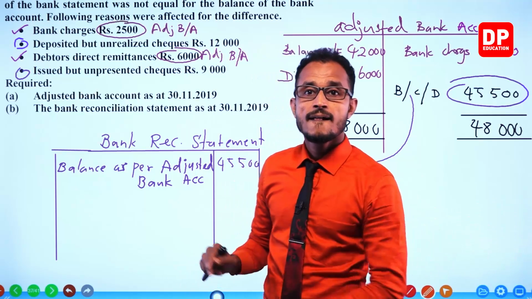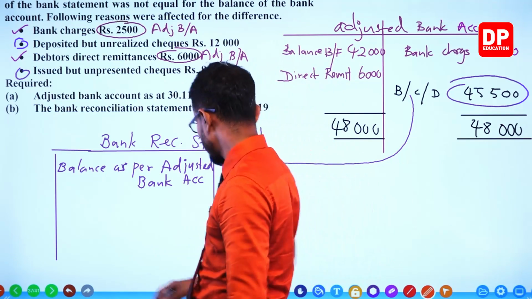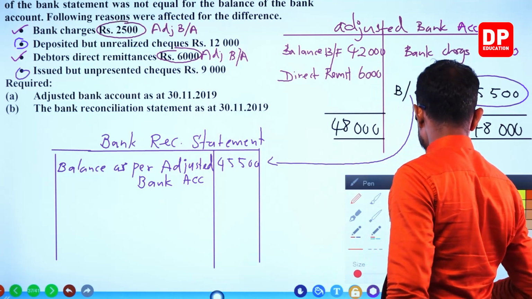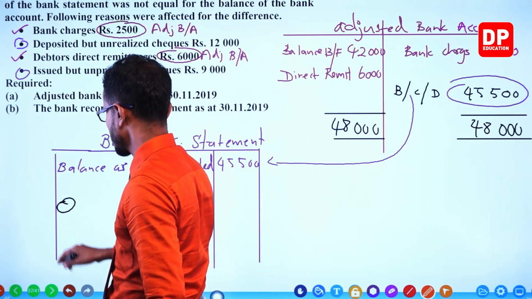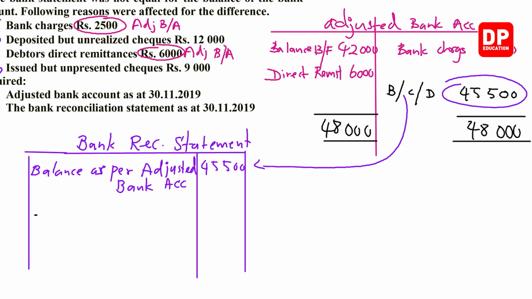So we deduct them. Minus, subtract, unrealized checks. How much? 12,000.